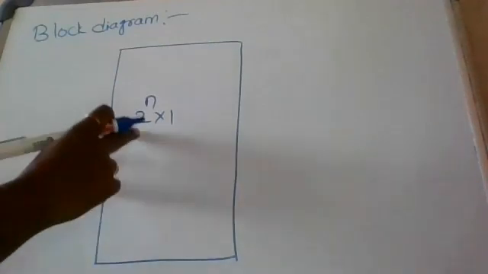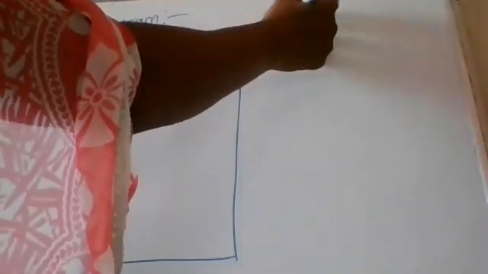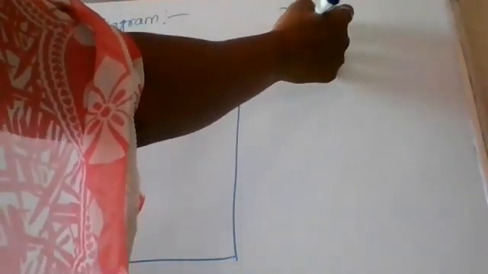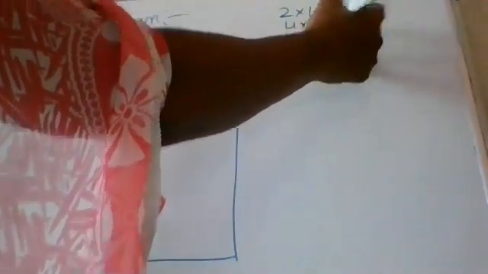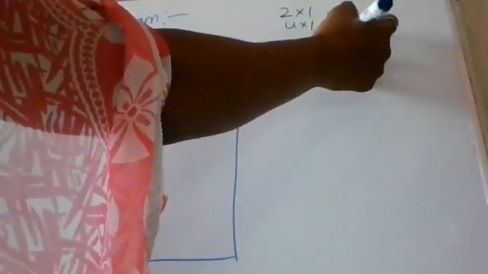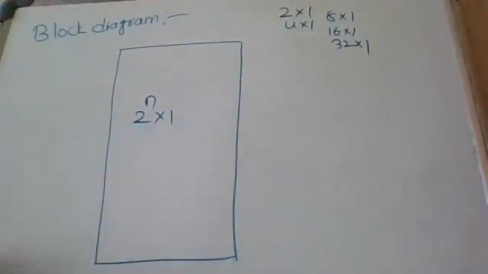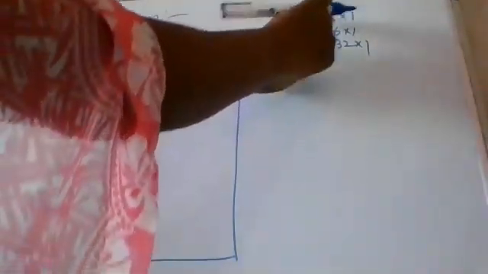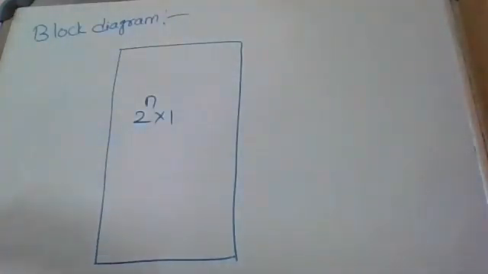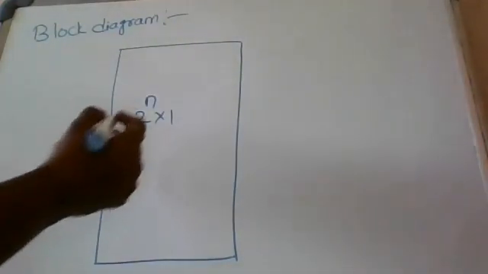So here we have 2 by 1, 4 by 1, 8 by 1, 16 by 1 and 32 by 1 multiplexers. Also, we can call them 2 is to 1, 4 is to 1, 8 is to 1, 16 is to 1, and 32 is to 1.